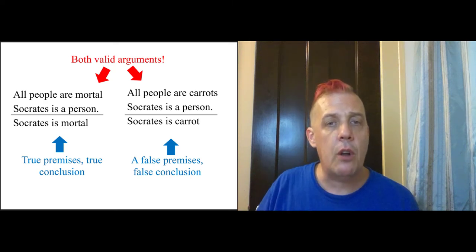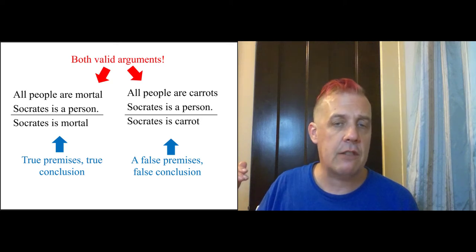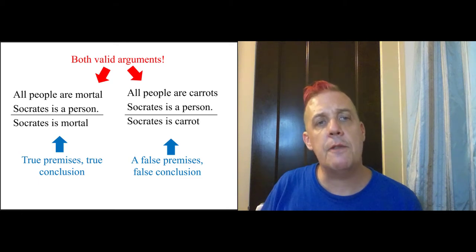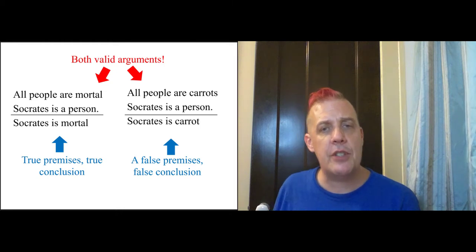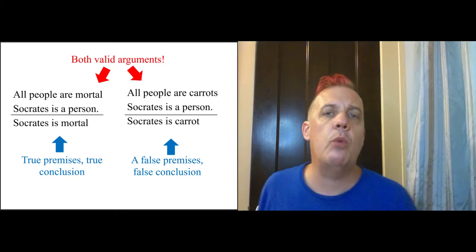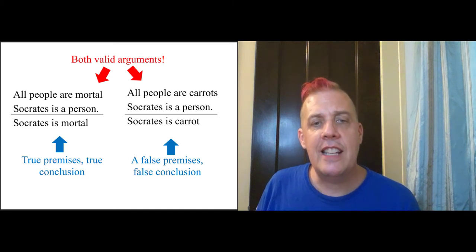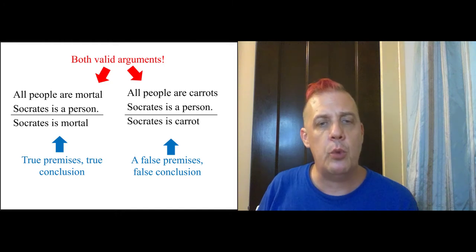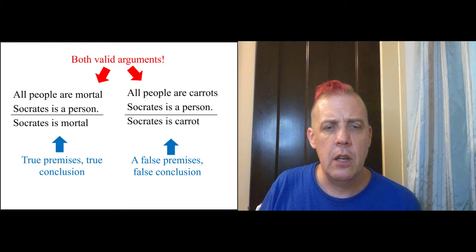Another version went, all people are carrots, Socrates is a person, therefore Socrates is a carrot. Both of these counted as valid because we weren't interested in the truth of the premises. We were interested in what would happen if the premises were true. And in each case, if the premises were true, then the conclusion would be true. And so that brought out the idea of validity.